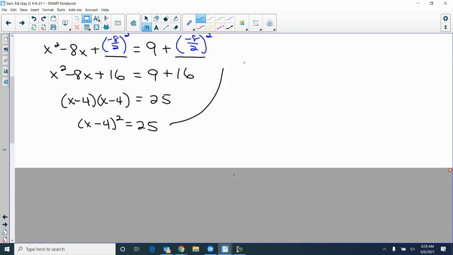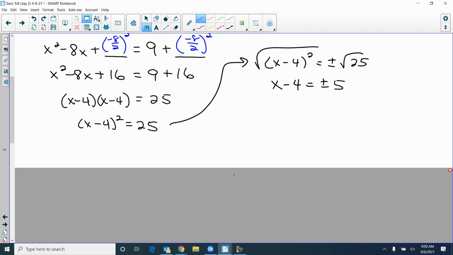Now I'm running out of room here. You should have subtracted here. Okay. I end up with x minus 4 equals plus or minus 5, because the square root of 25 is 5. Add 4 to the other side, and so I get x equals 4 plus or minus 5.